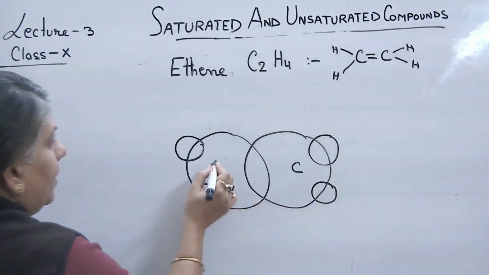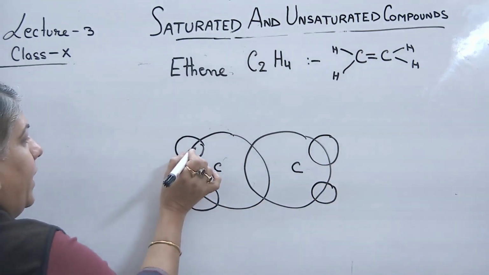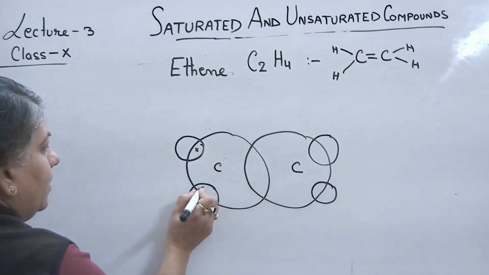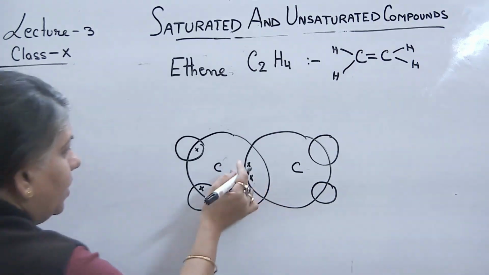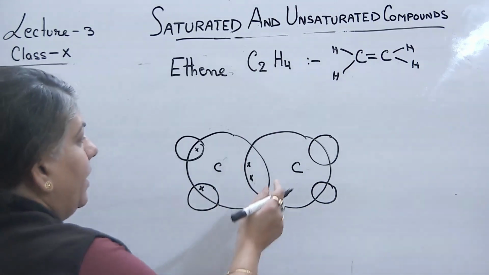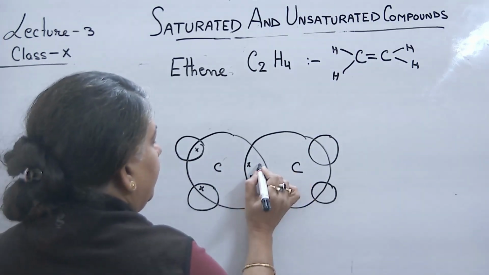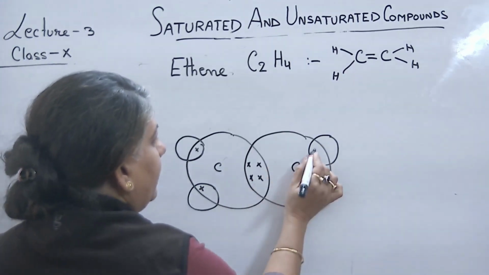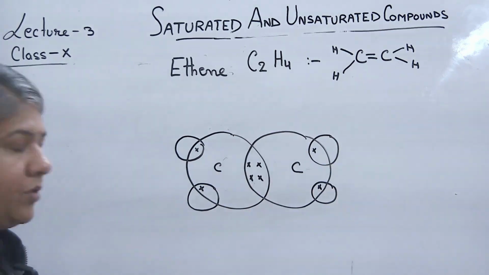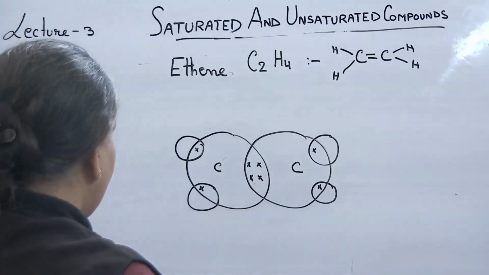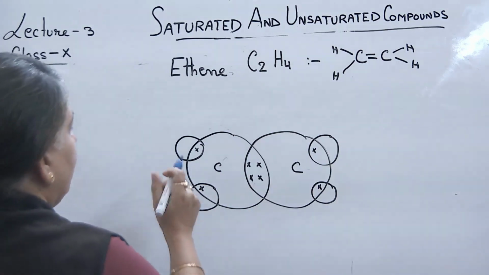Carbon with 4 electrons, put the cross in the shared region, but here you will put 2 electrons. Similarly, for this carbon, put 2 electrons in the shared region here and one with hydrogen. Now let's see.